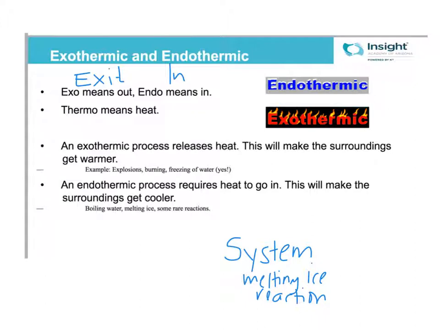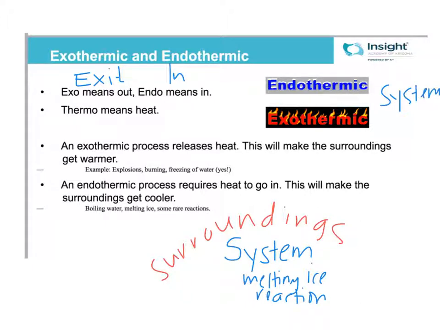You typically are not the system. And then you're going to have your surroundings. You would feel the opposite of what's actually happening in the system. So these terms, exothermic and endothermic, apply to the system.